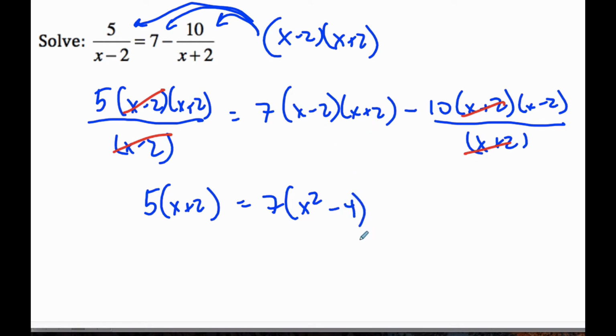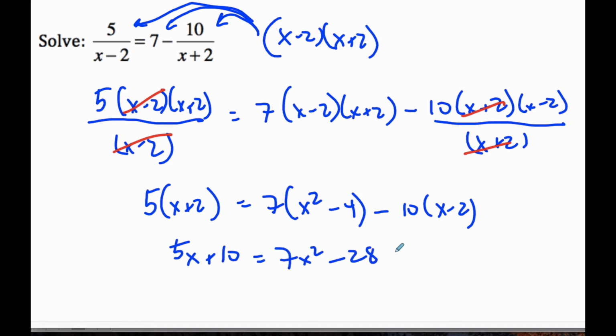Okay with that? Yeah. Okay. And so then minus 10 times x minus 2. And then I have to keep collecting like terms. So it's 5x plus 10 is equal to 7x squared minus 28 minus 10x plus 20.